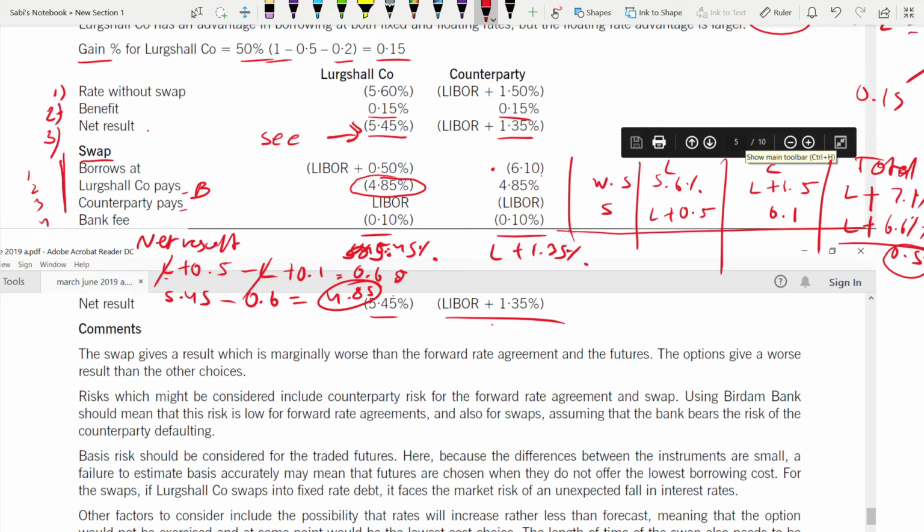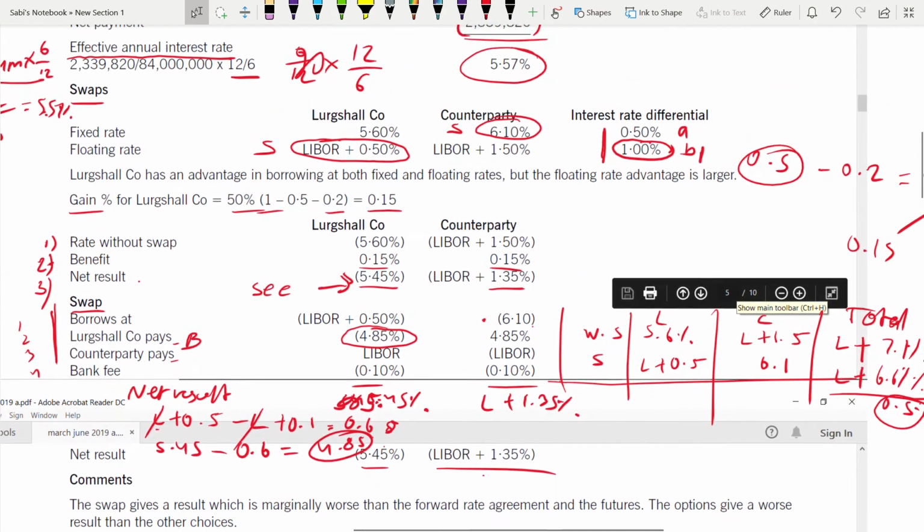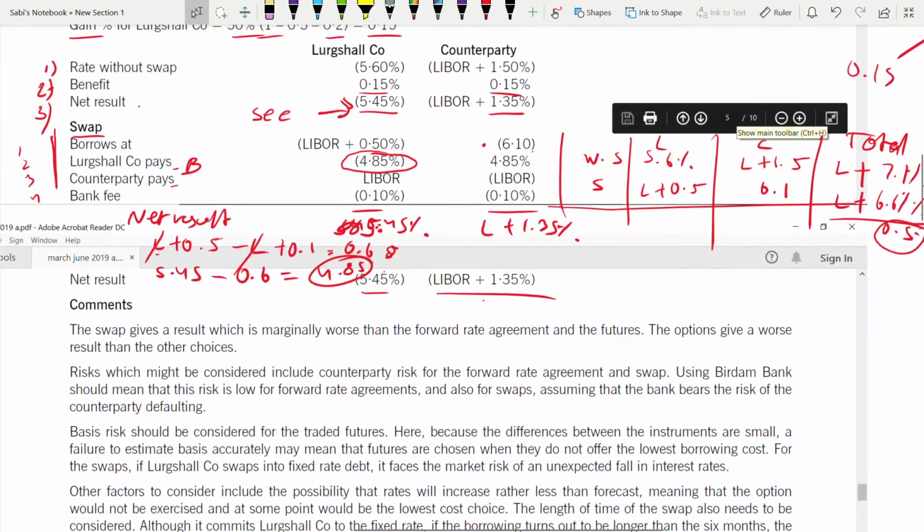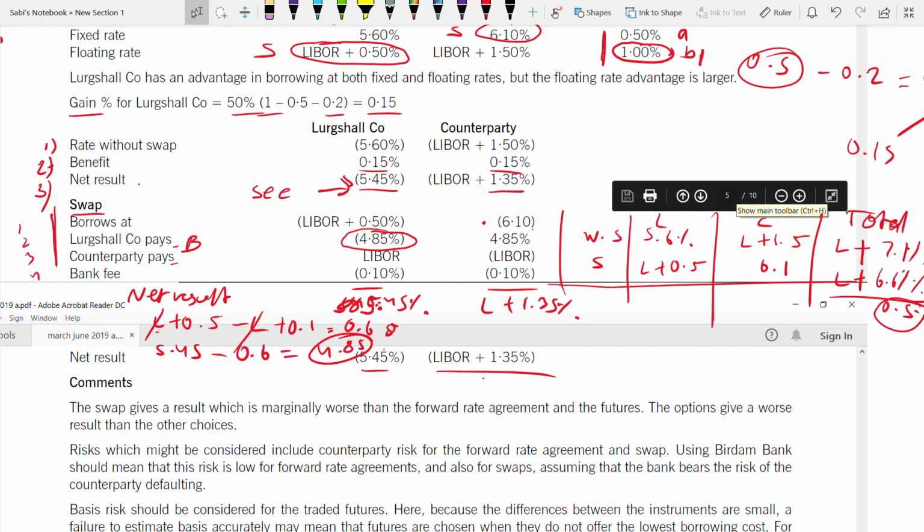Okay, so that's it for the swap. Now we are coming to the comments.